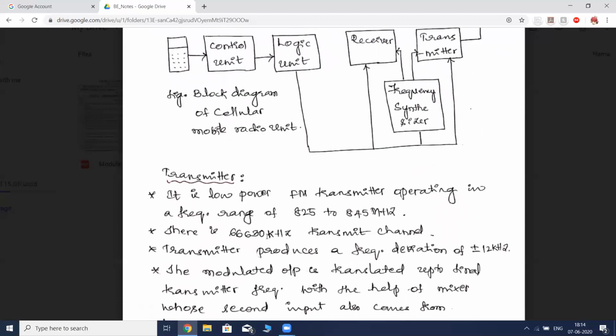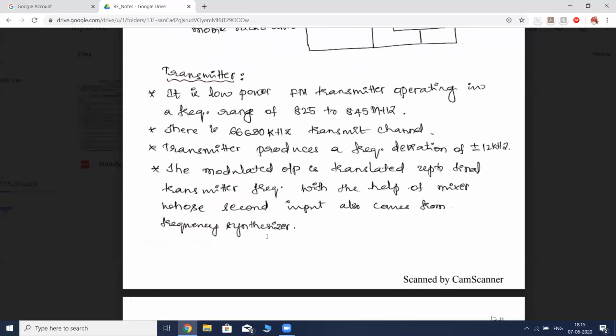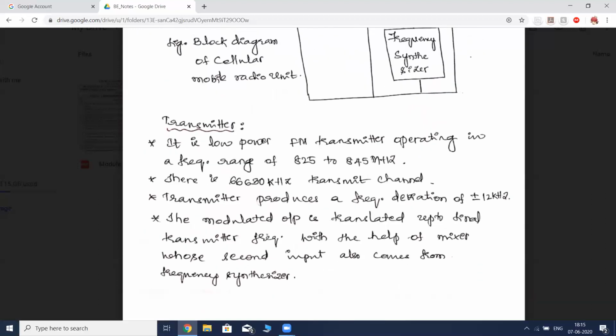First let us see the transmitter. Generally an FM transmitter is used, that is, a frequency modulated transmitter. It produces a deviation of plus or minus 12 kilohertz. You need to remember these frequencies.